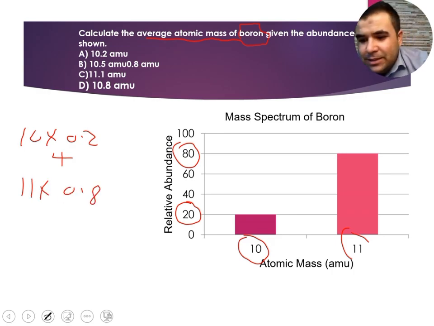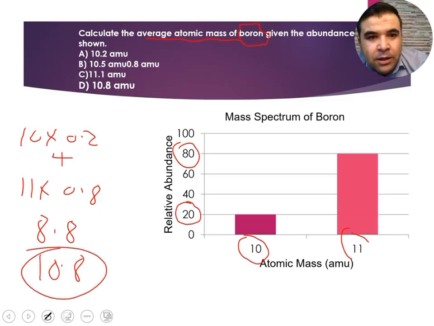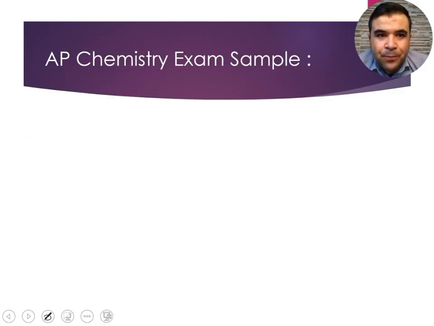Let us calculate this. 11 multiply 0.8, it's 8.8, okay? 8.8 plus 10 multiply 0.2, it's 2, so it will be 10.8 totally. 10.8 AMU, which is D, is the correct answer. 10.8 AMU. That's how we solve to find the average atomic mass from the spectrum given.